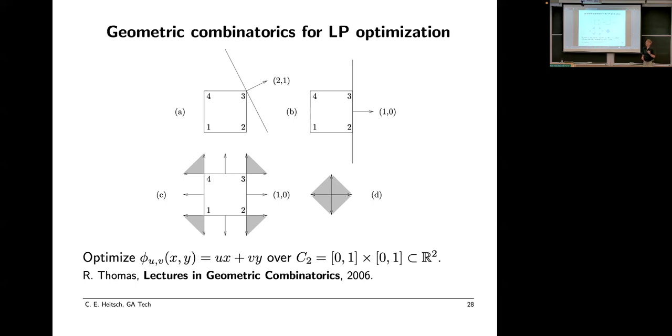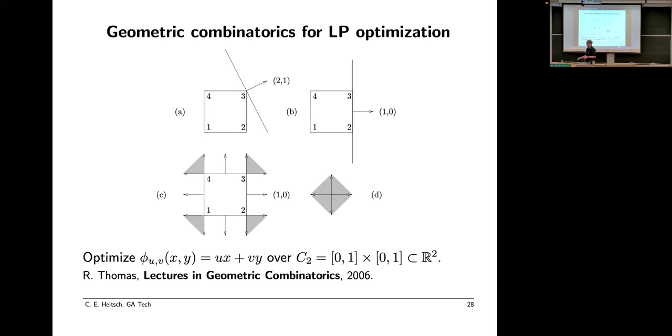The optimum is always going to occur on the boundary of the convex body, and there is a duality, literally a one-to-one correspondence, between an optimum, the facets of your boundary, and the cones in the normal fan. So if you want to understand the normal fan, which is the parameter decomposition, then you can understand the convex body that you're optimizing over and vice versa.